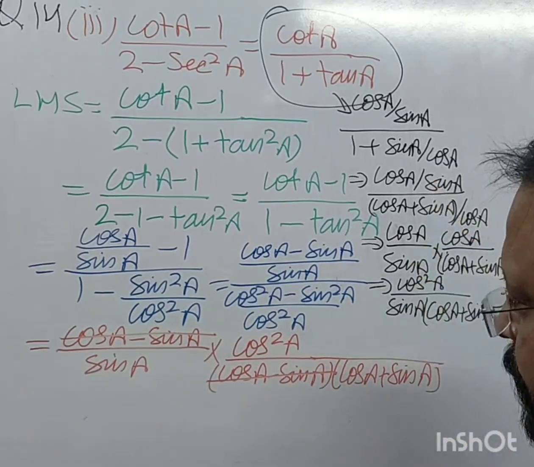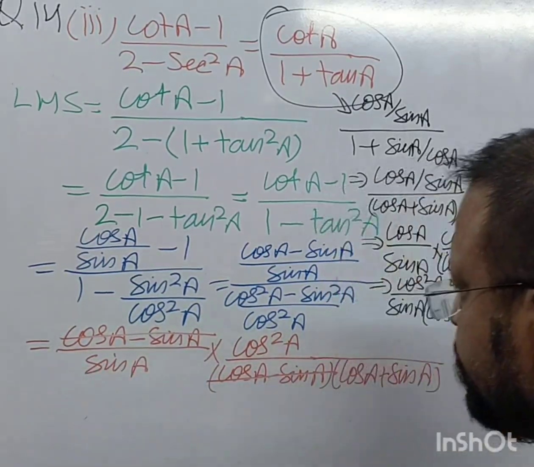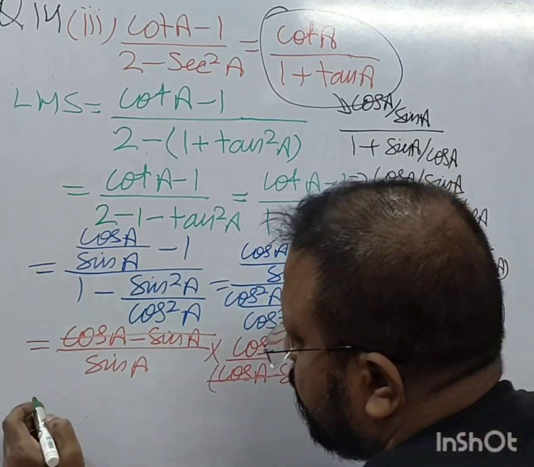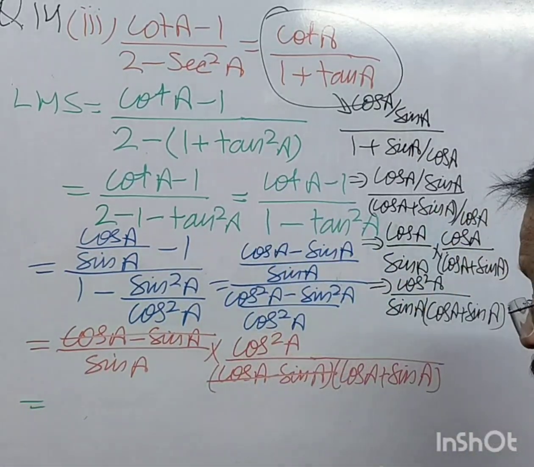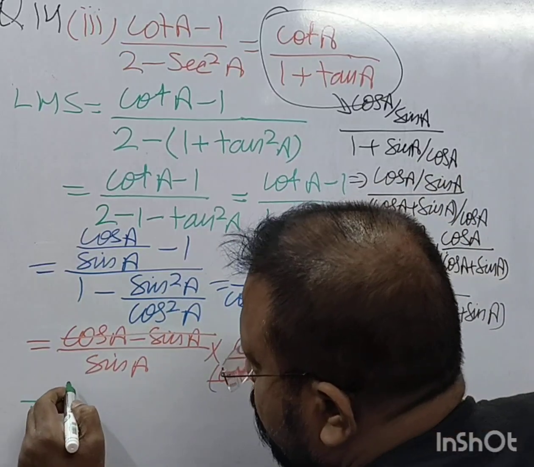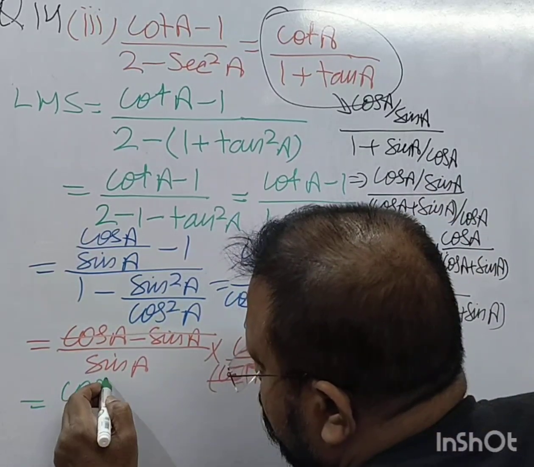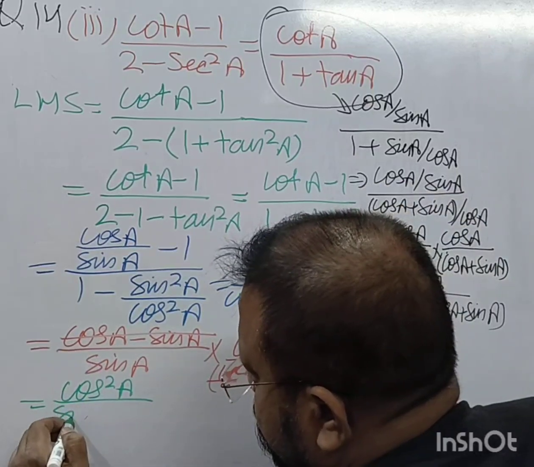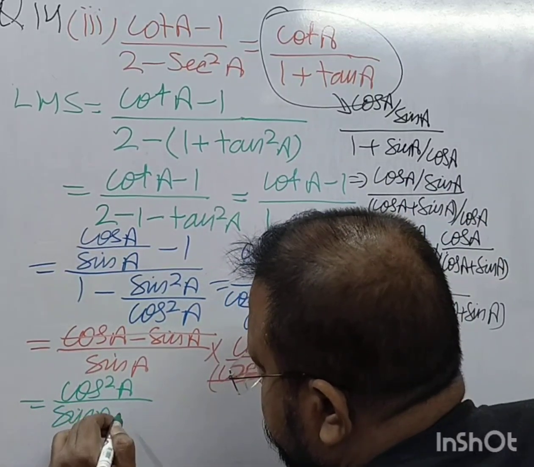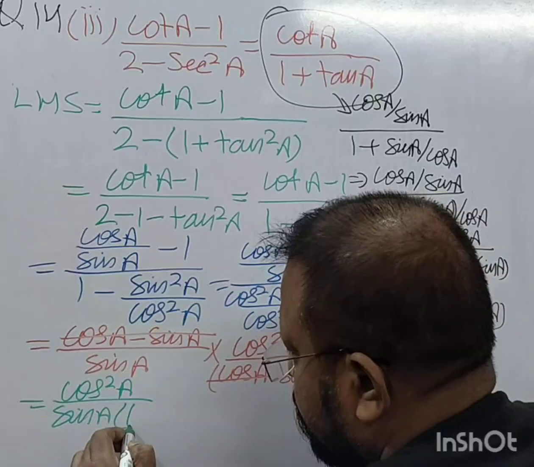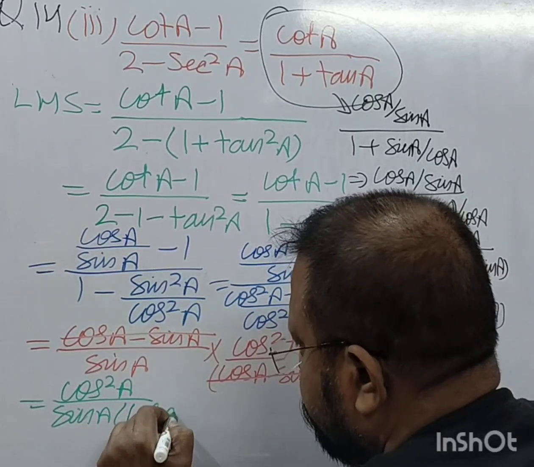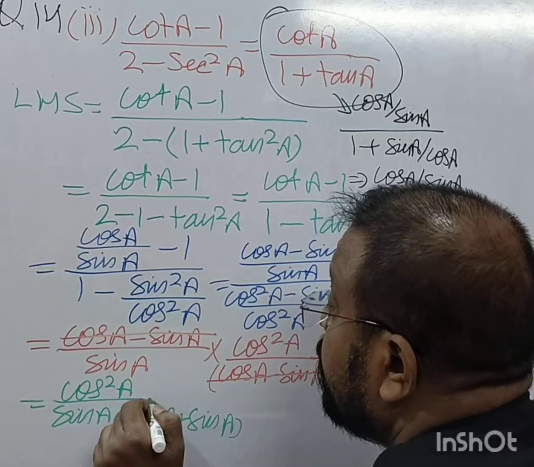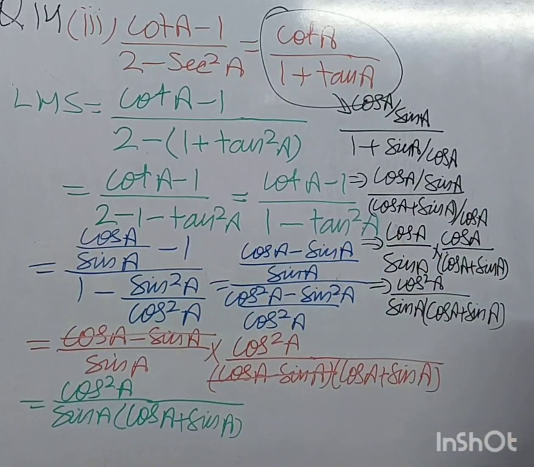This is RHS, and what happened with this? Here you also get the same value, right? Cos square A upon sin A bracket cos A plus sin A, right?